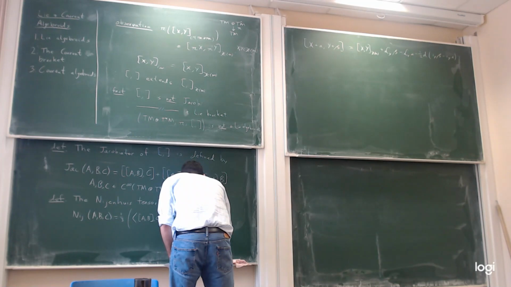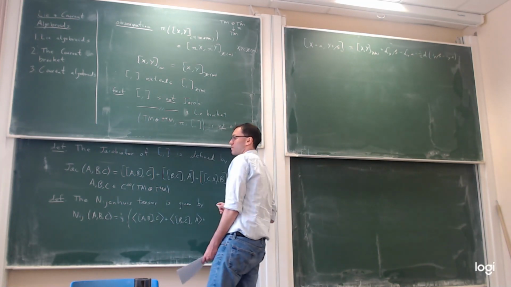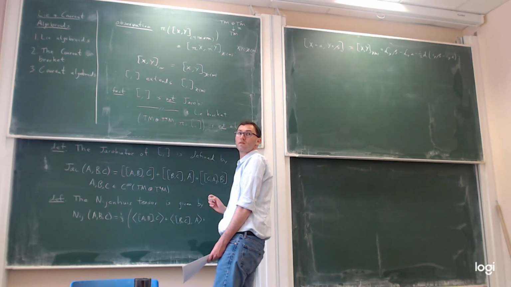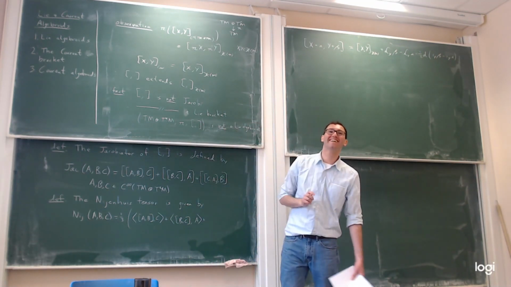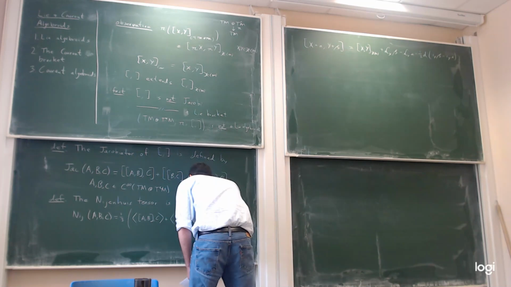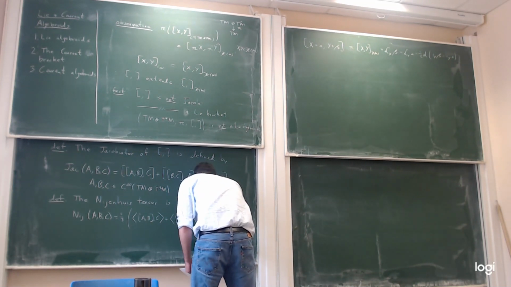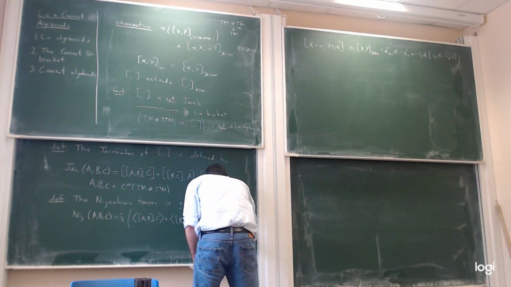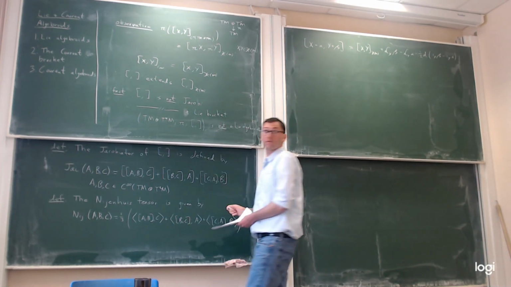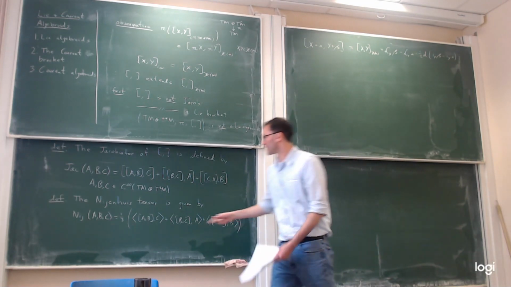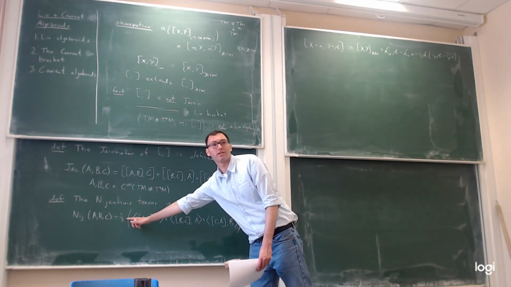Is the IJ standing for the second and third letter of the name? That's right. So it's like a cyclic average over this.